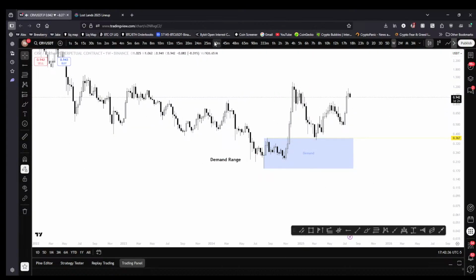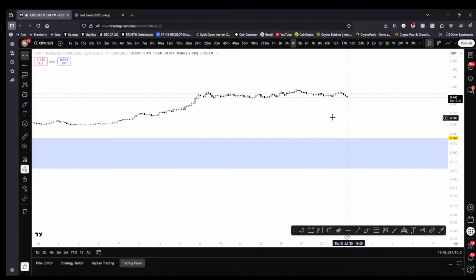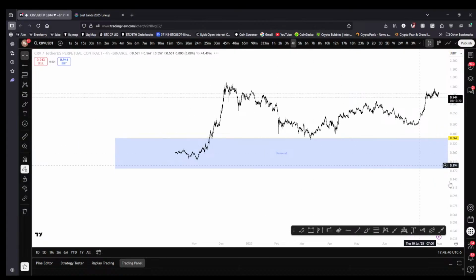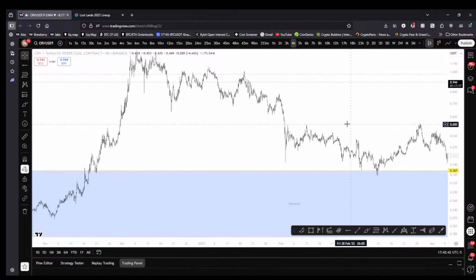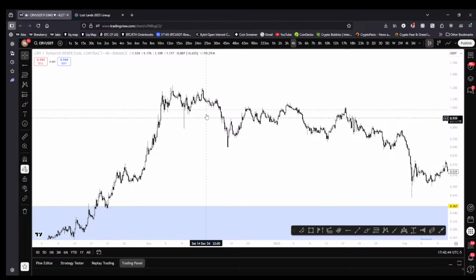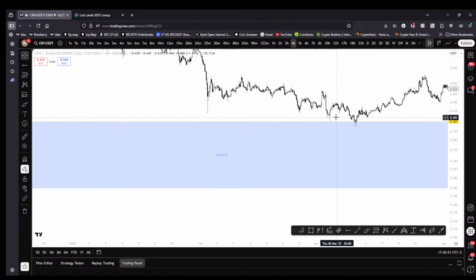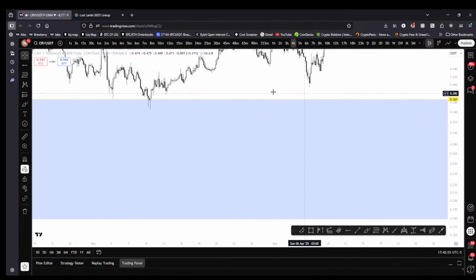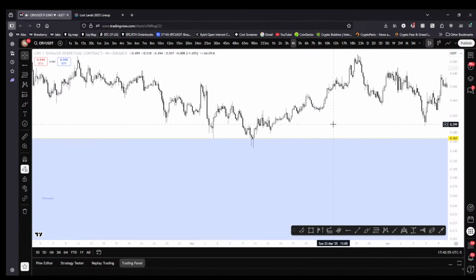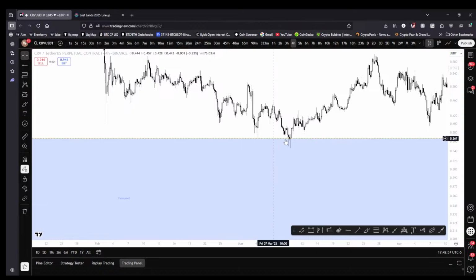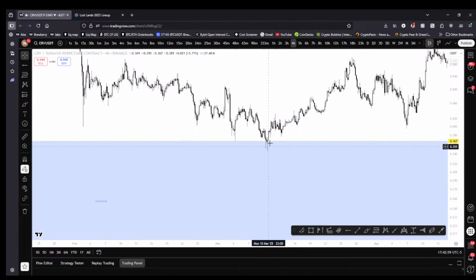Now during this correction, our 4-hour is in a downtrend, right? 4-hour broke bearish here and has continued breaking structure down. Now, what do we notice? Out of this demand, we come up and we break our external, right?